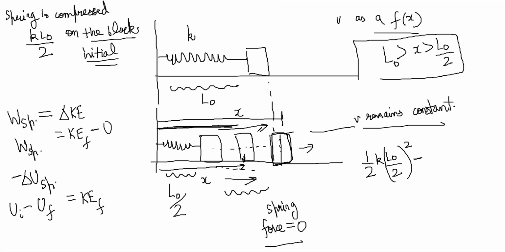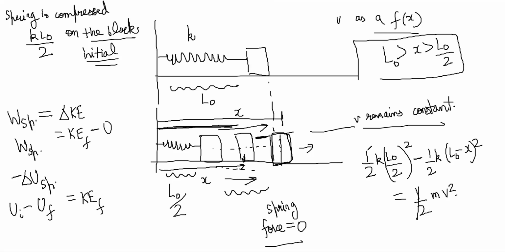It is L naught minus x. Are you sure? Yes, total length would have been L naught, but right now the length is x. So L naught minus x is the compression. So potential energy at this moment due to spring is half k, L naught minus x whole square, and that is equal to half m v square, correct?